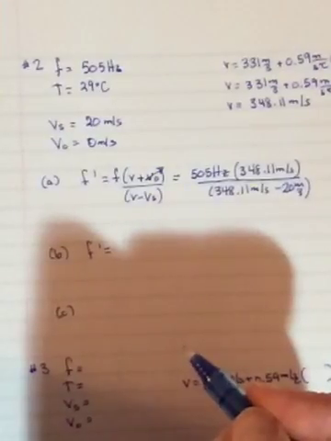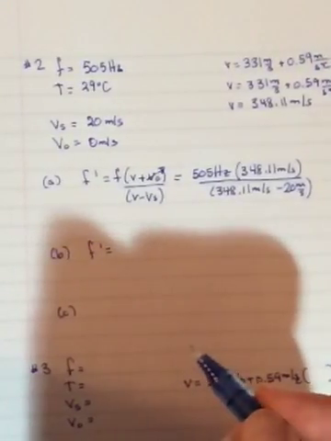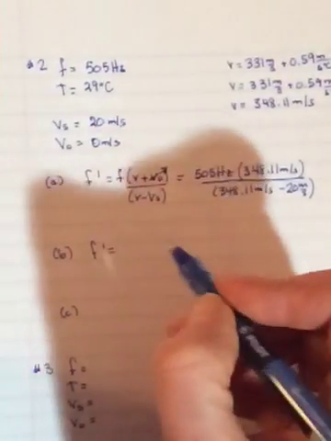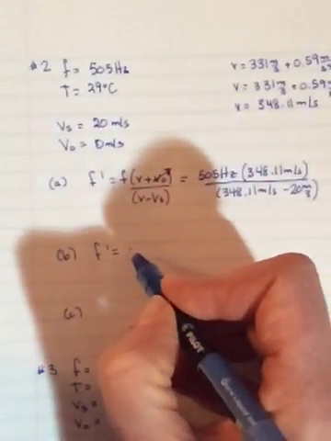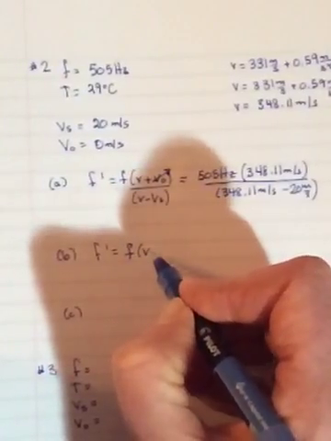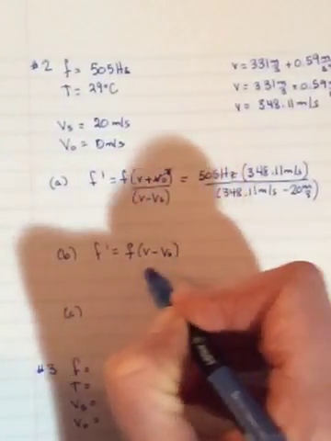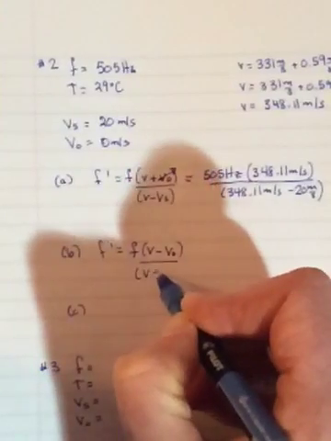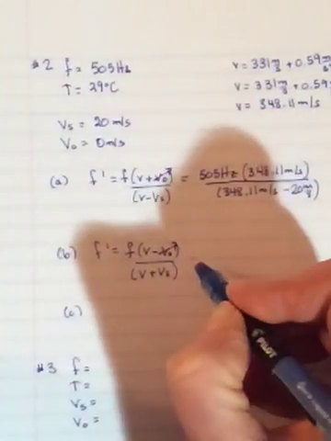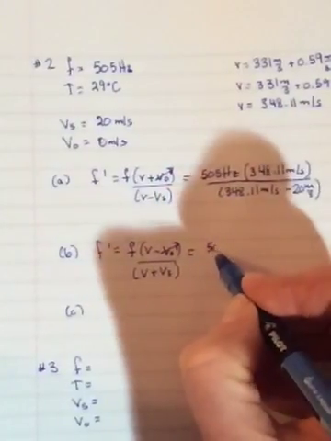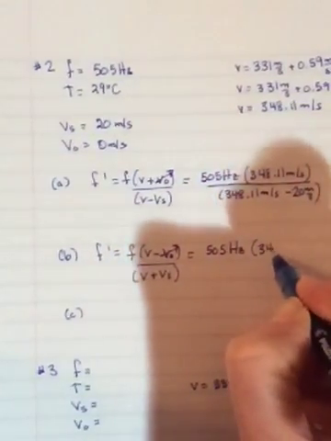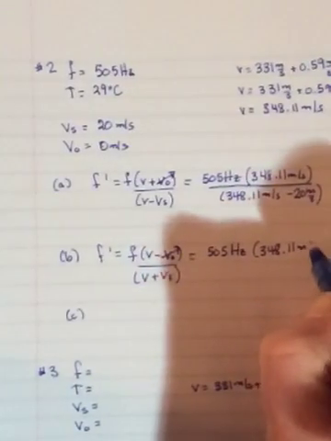What is the apparent frequency of the horn after the car has passed the observer at the same speed? So now it's going away from the observer. It's receding, so it's going to be V minus VO on the top and V plus VS on the bottom. The observer is still not moving, it's still 0. So the top is still going to be 505 hertz times 348.11 meters per second.